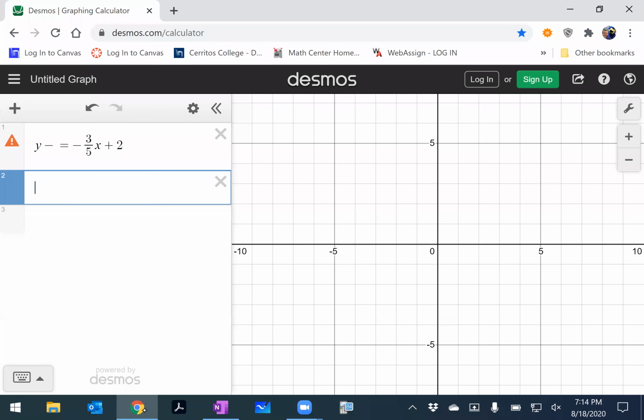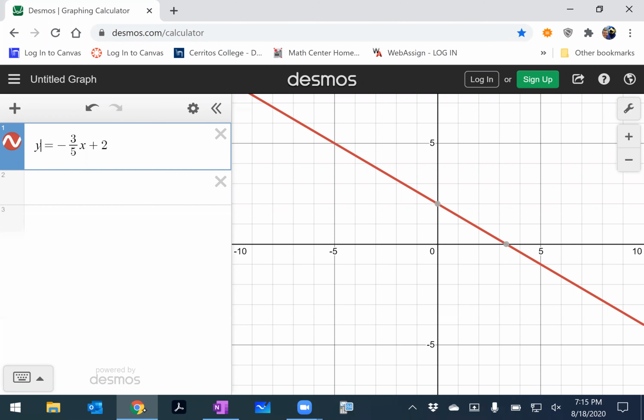Oh, I didn't like it because I put in too many negatives here. Okay, boom. There we go. And there's our graph. There's our y-intercept at 0, 2.